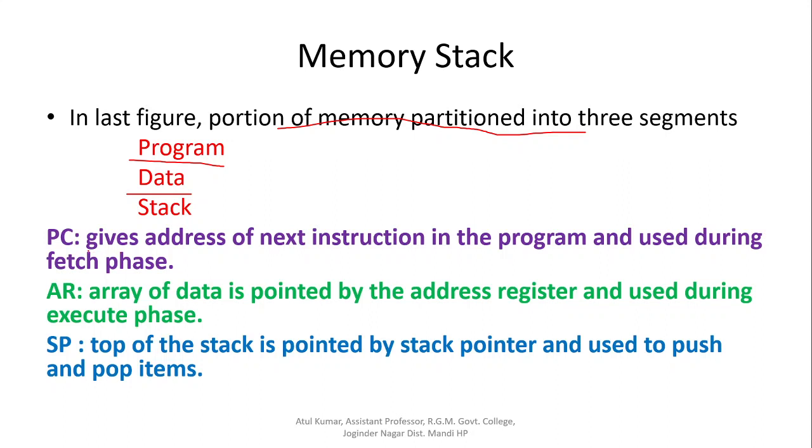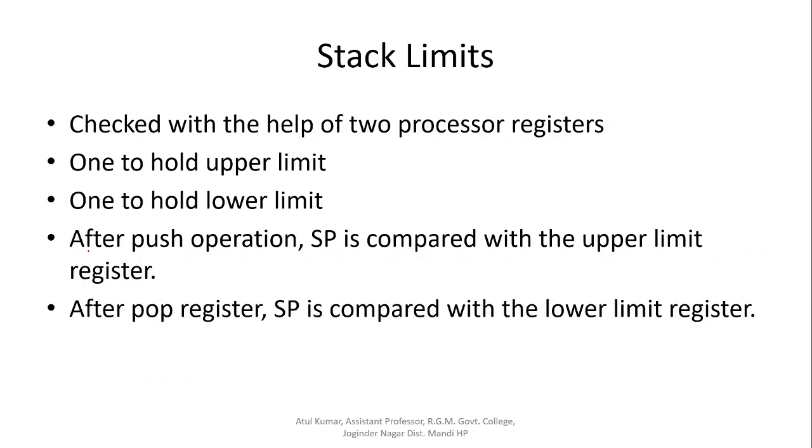The PC, the program counter, gives the address of the next instruction in the program and is used during the fetch phase. AR is the address register that points to the array of data and is used during the execution phase. Next is the stack pointer, which points to the top of the stack and is used to push and pop items.